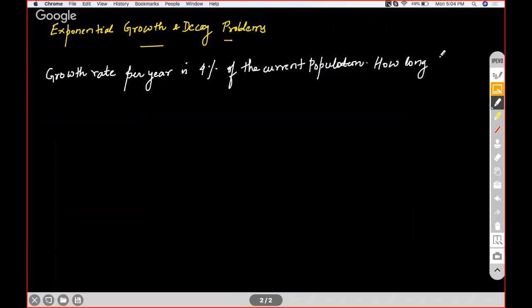How long for population to double? Try this out.